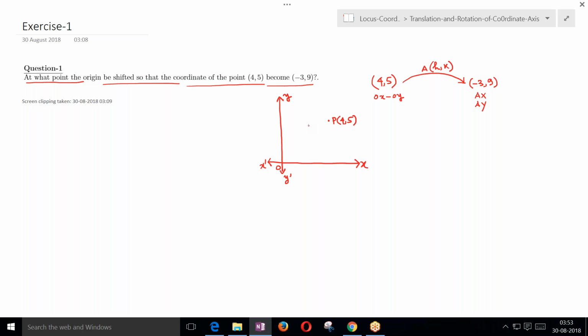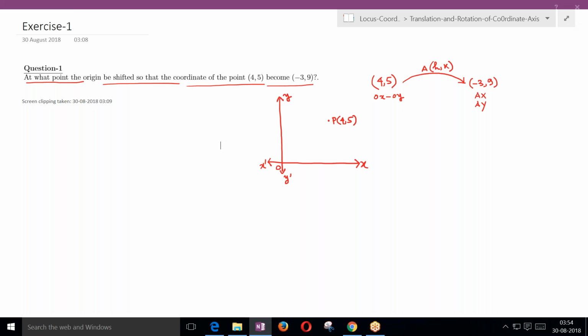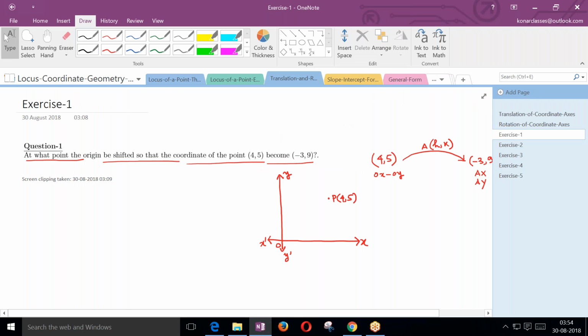So (-3, 9) will be a point somewhere here, with X being -3. That coordinate axis has been shifted in such a manner that the same point, if I use a different color pen, becomes (-3, 9) in the new coordinate system.